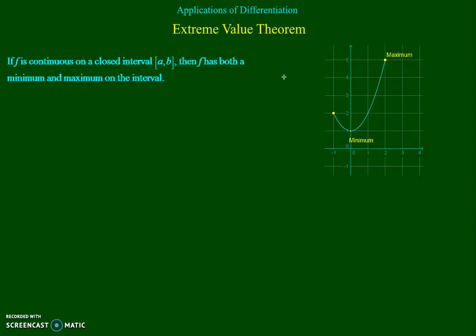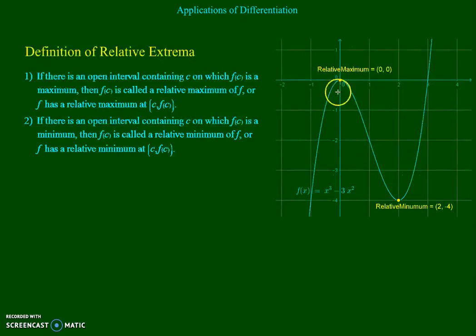So let's take a look at some more consequences of this idea. Let's look at a function that's defined on an open interval. In this case, this function would not have any absolute maximum or minimum, but it would have what we define as a relative maximum and a relative minimum. That is, a maximum within some specific interval on the graph of the function.